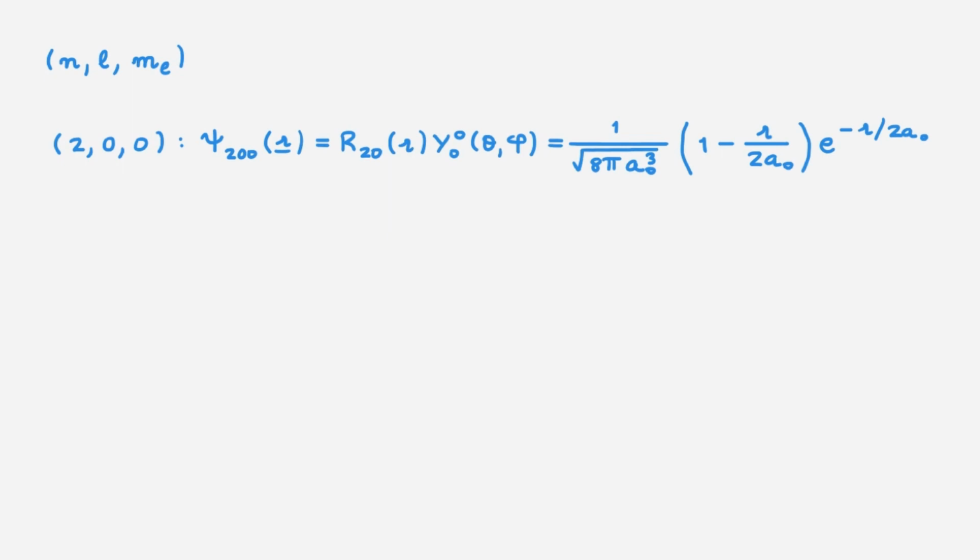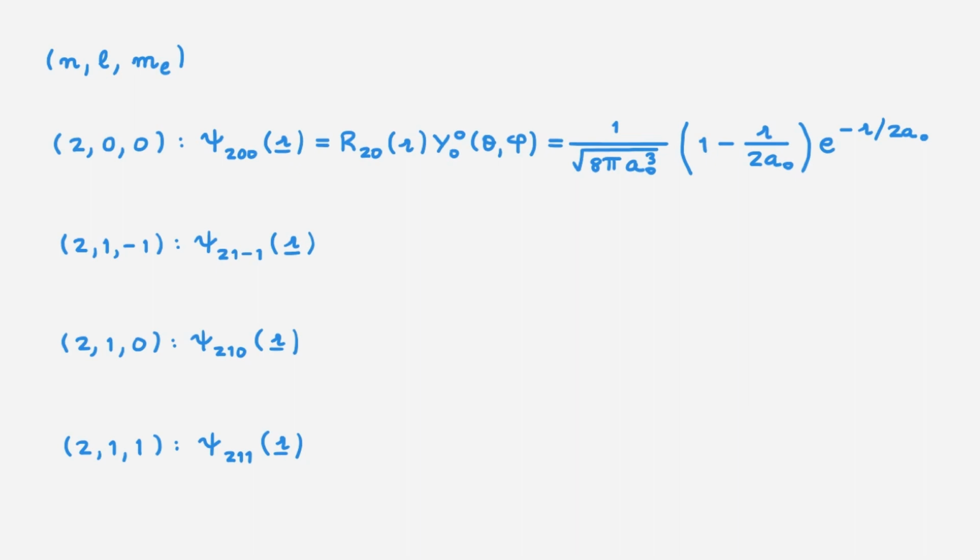The next 3 eigenfunctions correspond to quantum numbers 21 minus 1 giving psi21 minus 1, 210 giving psi210, and 211 giving psi211. They all have the same radial parts here, here, and here.